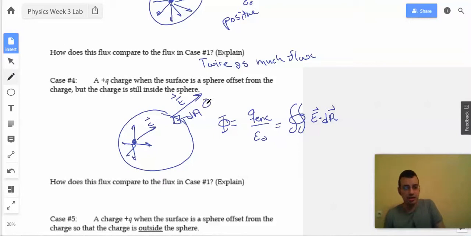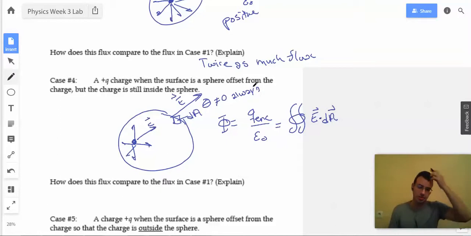So theta will not equal 0 always. In some places it might actually equal 0. There's probably a mathematical way of finding which place will equal 0. But when you consider an infinite number of pieces of dA, then 2 divided by infinity is small and negligible. So this equation becomes really hard to evaluate, and we're not going to.